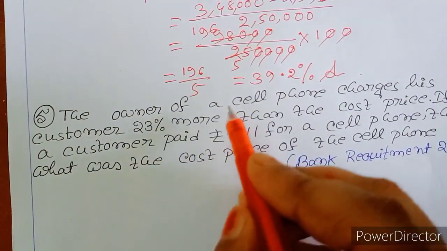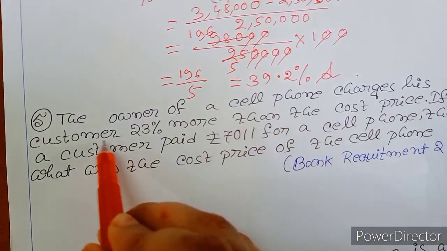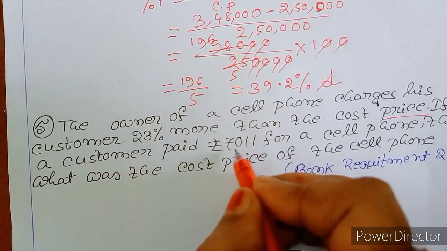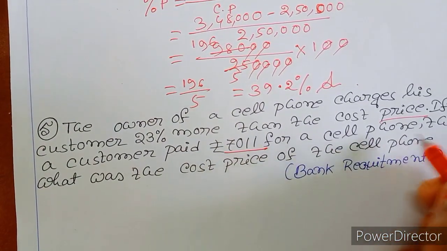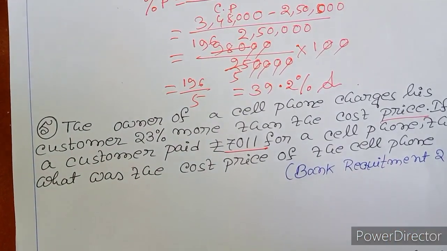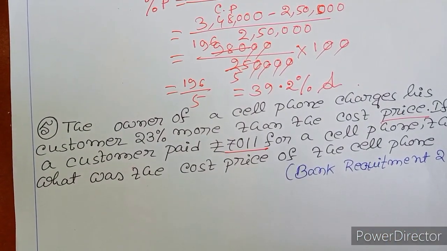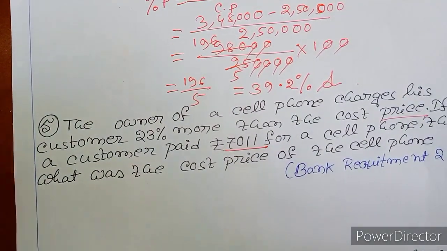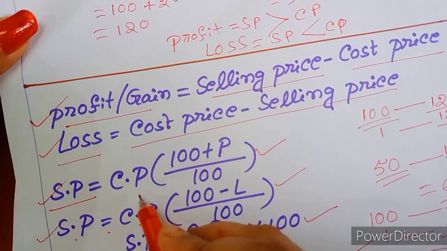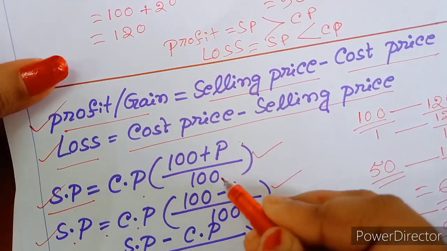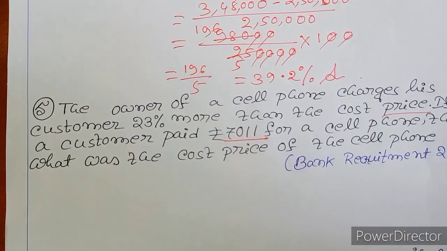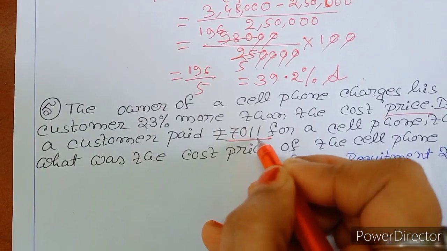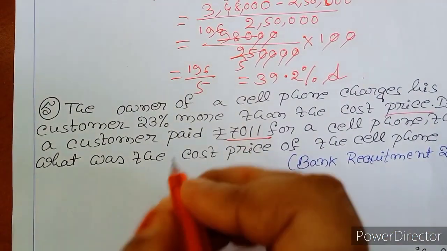Next question. The owner of a cell phone charges his customer 23% more than the cost price. If a customer paid 7,011 for a cell phone, then what was the cost price of the cell phone? Here also we find the cost price. We know the formula selling price equal to cost price into 100 plus P by 100. P means profit. So here the profit is 23%. Here also the selling price is 7,011. We find the cost price easily from here.